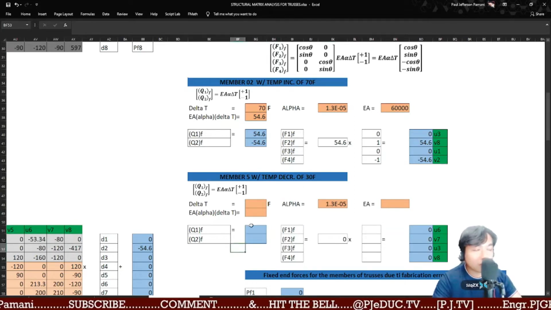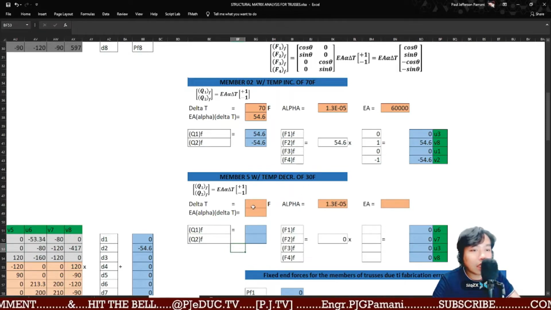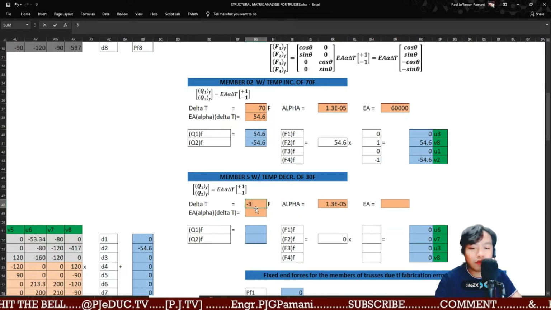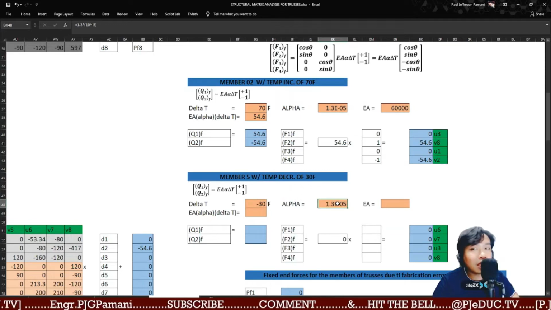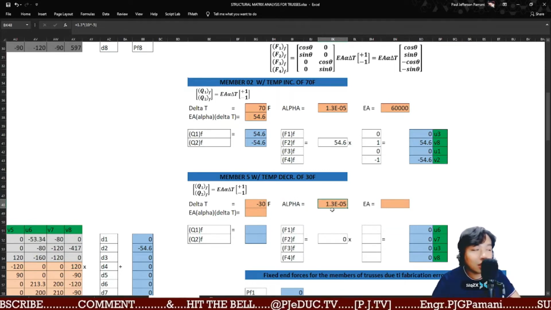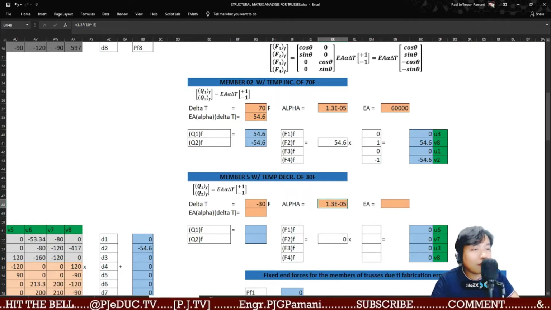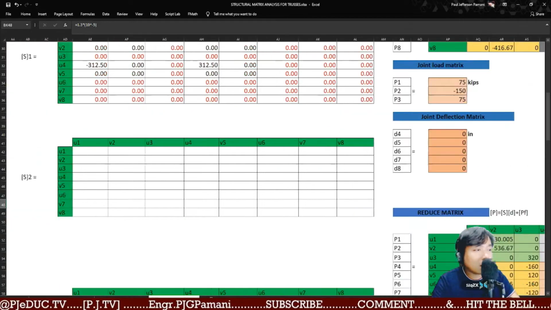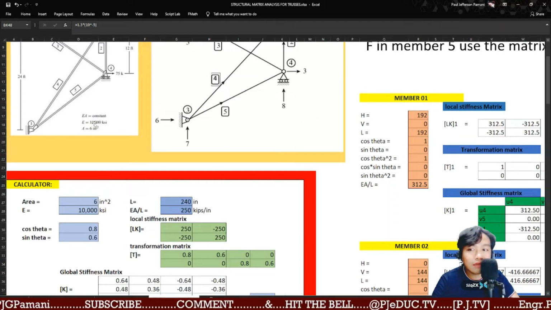Okay. So, ganito. So, we have a decrease of 30 degree Fahrenheit, which is negative 30. Okay? Known in the problem that there will be a coefficient of thermal expansion of positive 1.3 times 10 raised to negative 0.5. Such as EA of members, meron naman tayong value niyan. That is basically the given modulus of elasticity of 10,000 KSI times 6 inch squared.